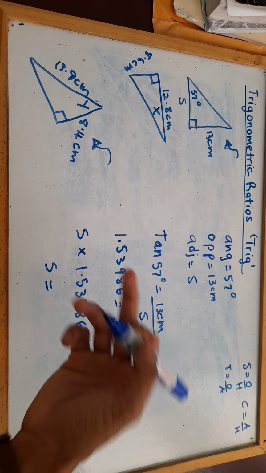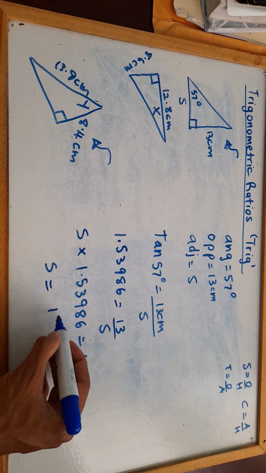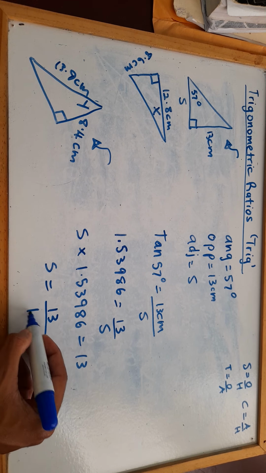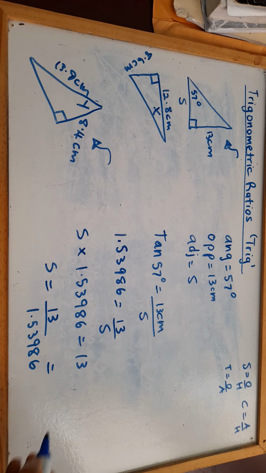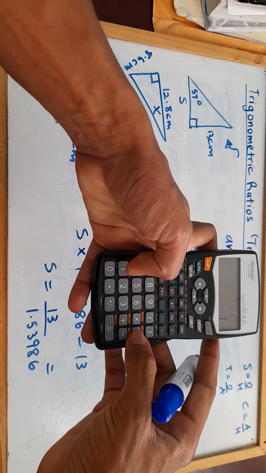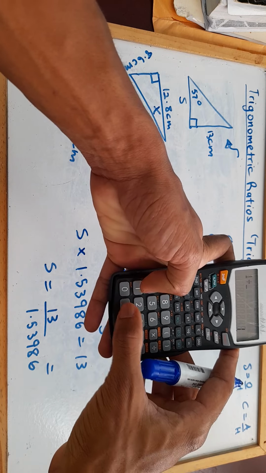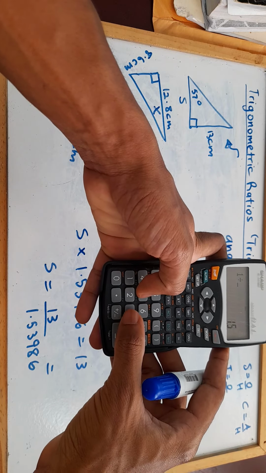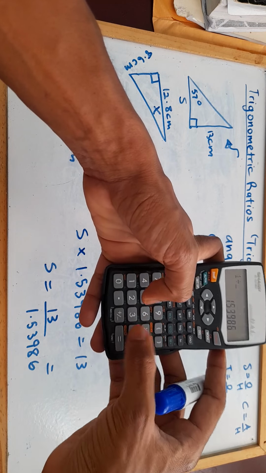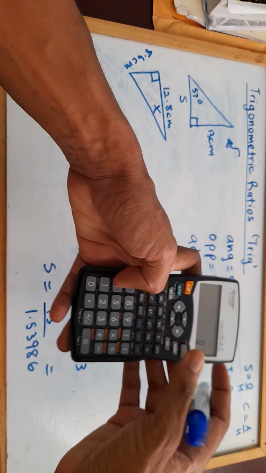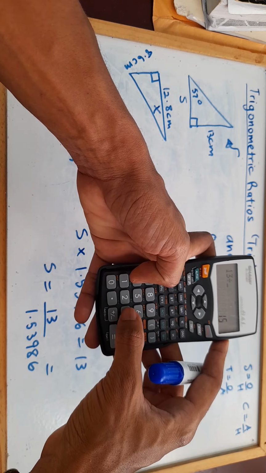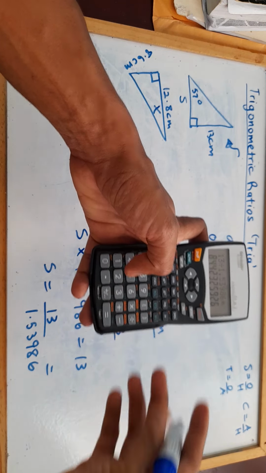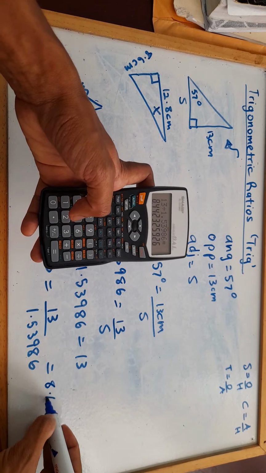And the 1.5 is being multiplied over here. So when it comes over, it's being divided. 13 divided by 1.53986, we get 8.44.